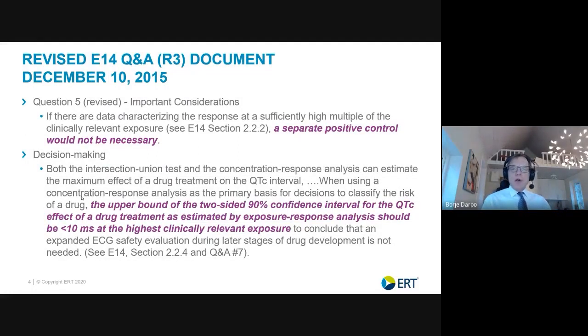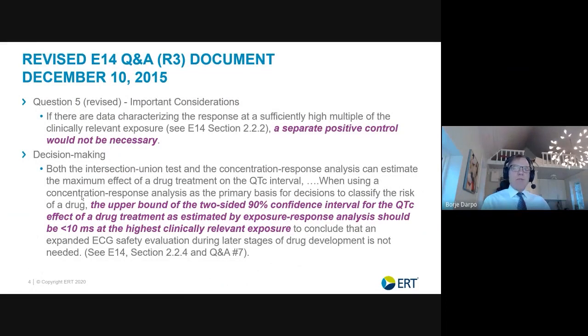If concentration QTc analysis is applied to a study in healthy subjects and sufficiently high multiples of clinically relevant exposure have been achieved, then a separate positive control would not be necessary. This is really important because in the vast majority, if not all, first-in-human trials, there is no positive control. But if we then achieve sufficiently high concentrations, we can use this data without having to perform a therapeutic study with a positive control.